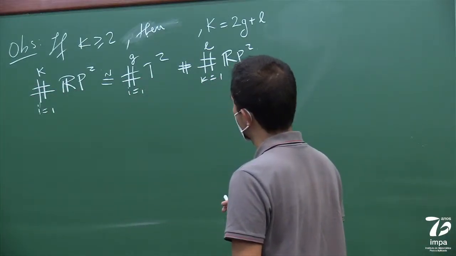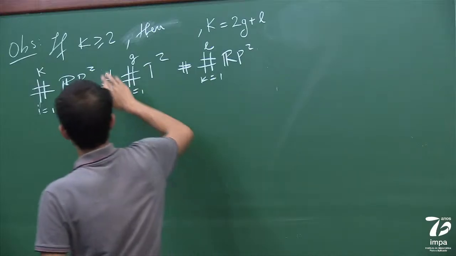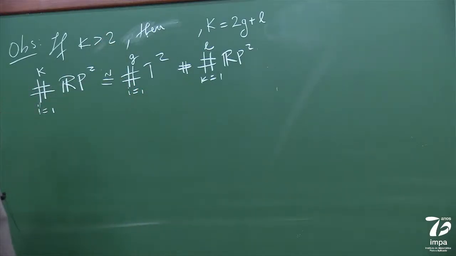Actually, sorry, you need K to be strictly bigger than 2. This is not true if you just take the connected sum of two RP2s. Okay?